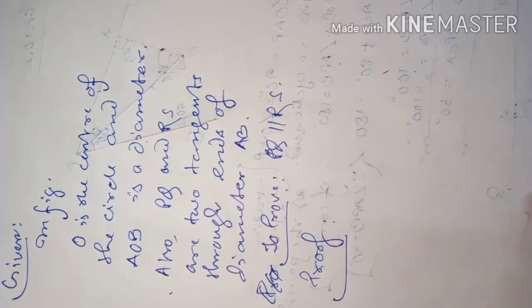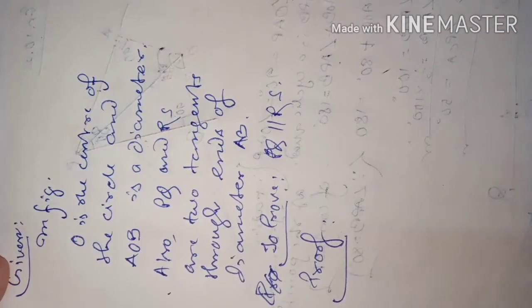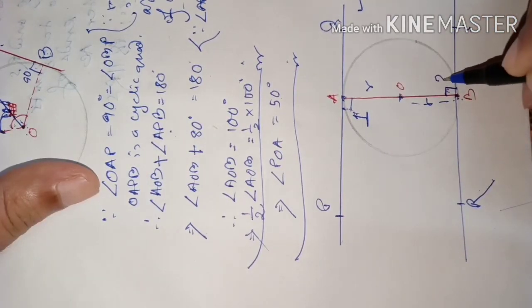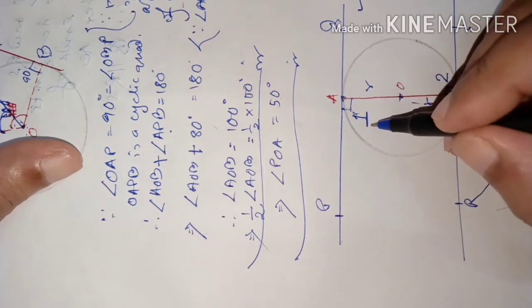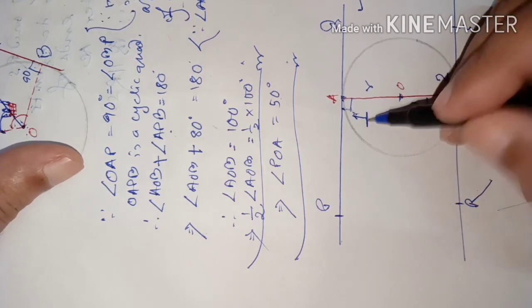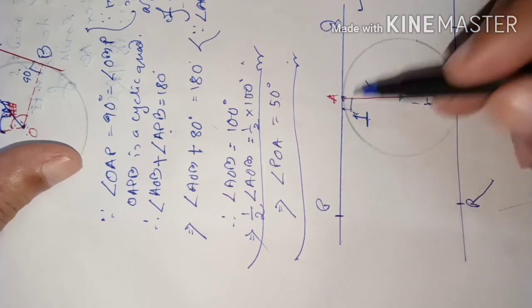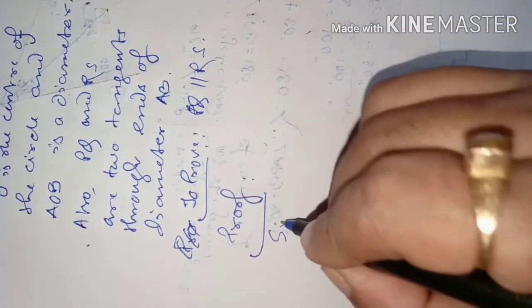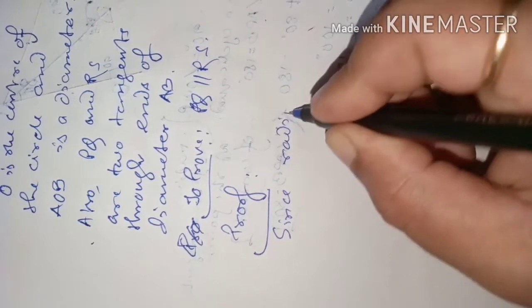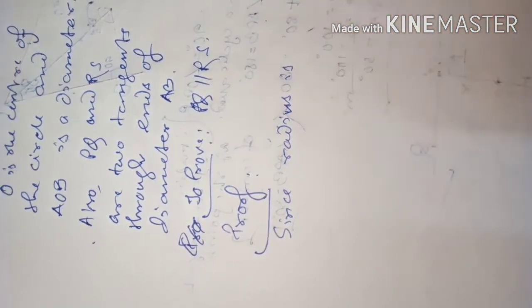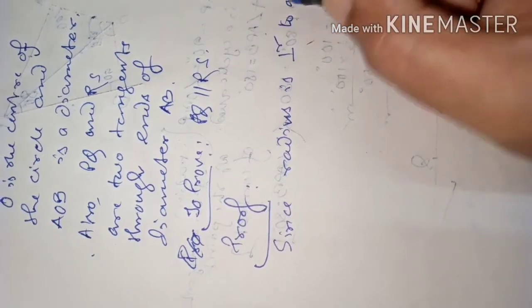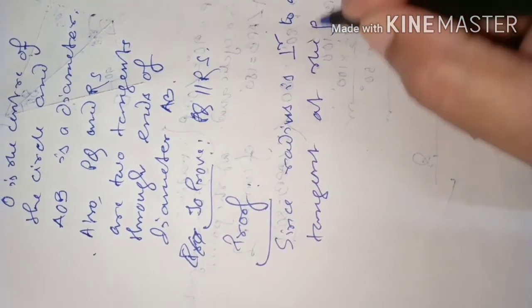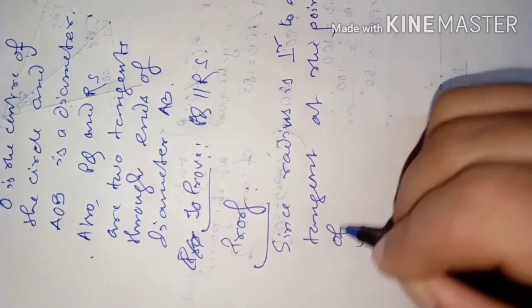Proof. For our proof, let us give names to the angles. Let us say this angle is angle 1, and this angle is angle 2. Angle 1 is equal to 90 degree because radius is perpendicular to a tangent at the point of contact.